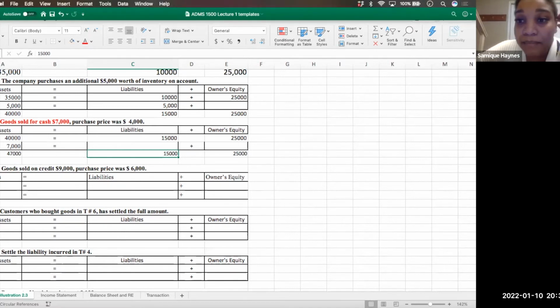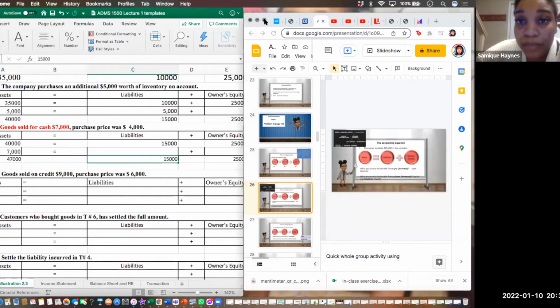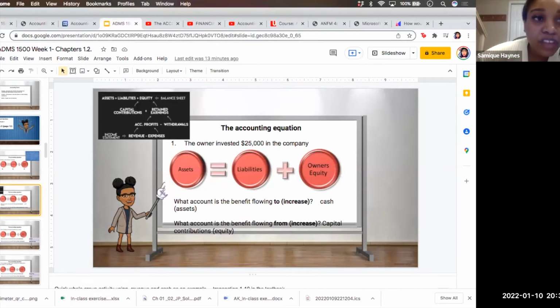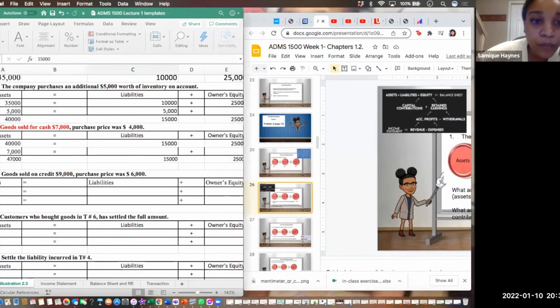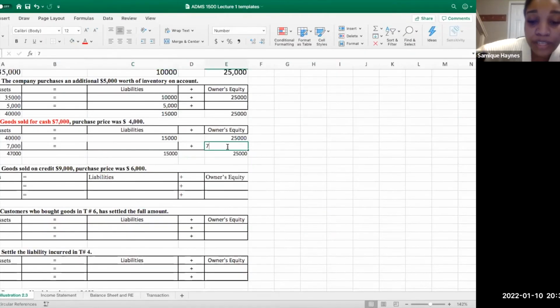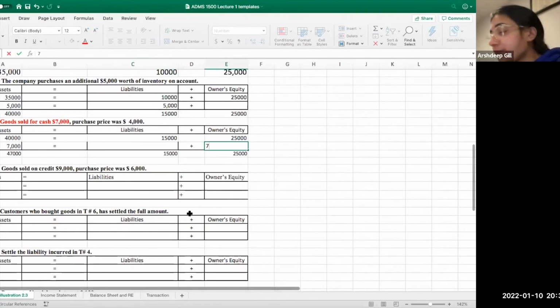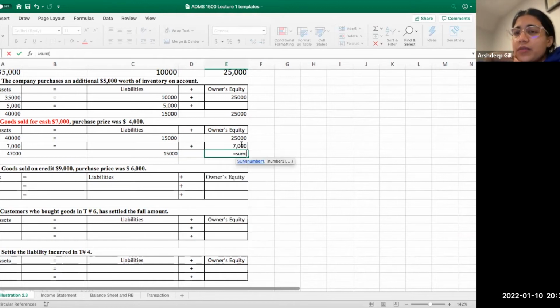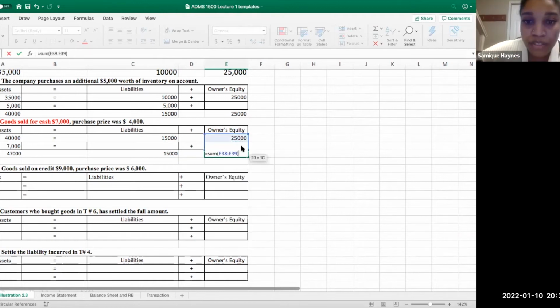Exactly. Somebody said liabilities. No, it's not liabilities. It's equity, because look at our diagram here. Revenues make equity go up. Expenses make equity go down. So if we made 7,000 in revenues, then our equity is also going to go up.